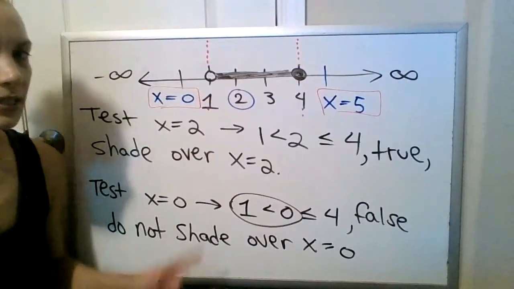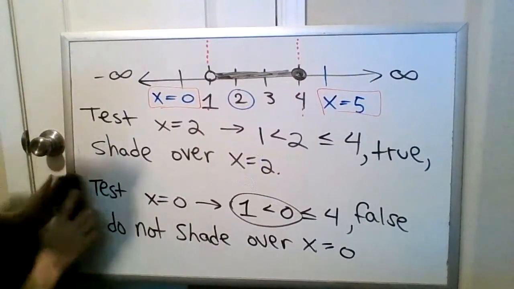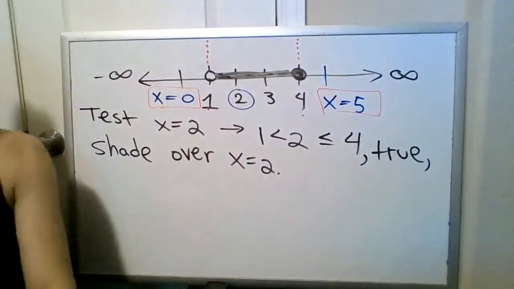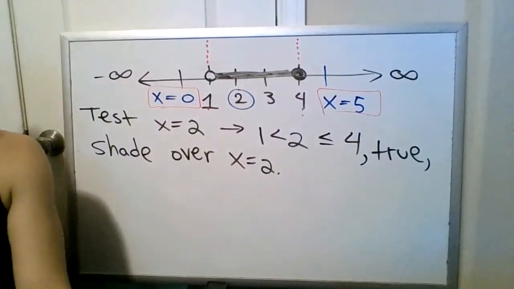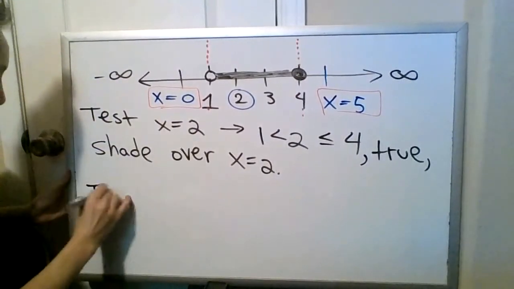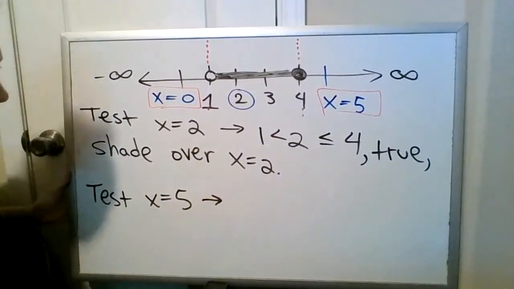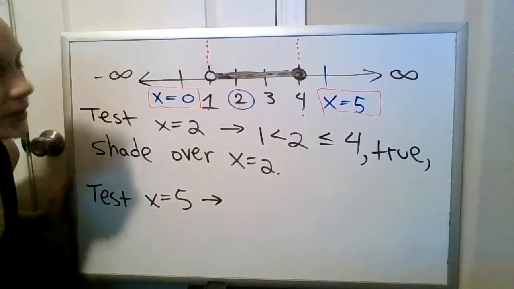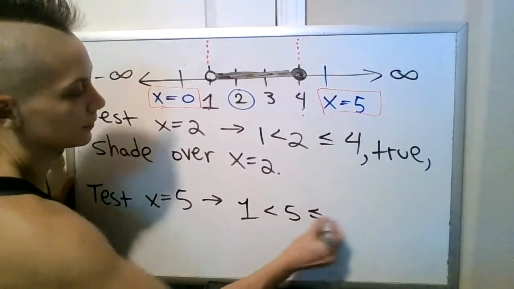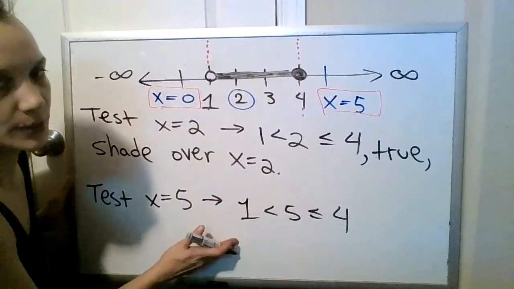And last one to test is x equals 5. 1 less than 5 less than or equal to 4 needs this piece true and this piece true in order for that statement to be true.